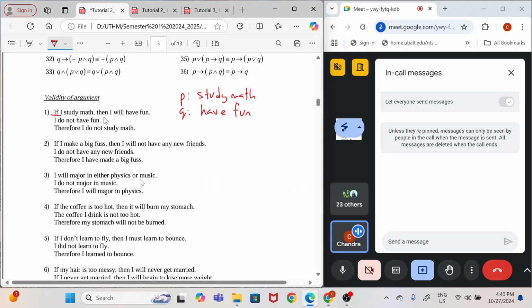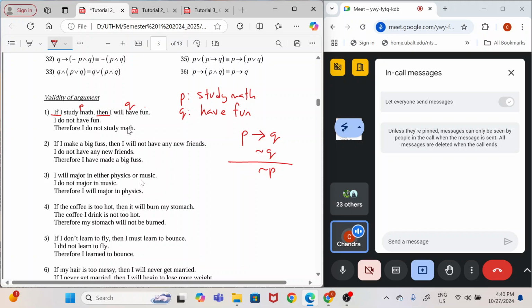If and then, this is my P, this is my Q. So the first sentence here is P implies Q. The second sentence you write it here. Okay, I do not have fun. I do not have fun means negate Q. Therefore means you put a line here. I do not study maths. So you put negate P.